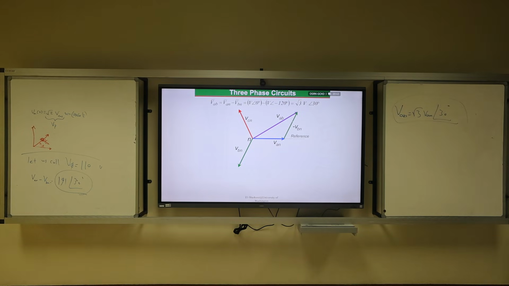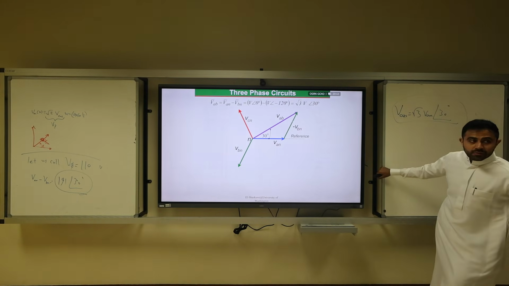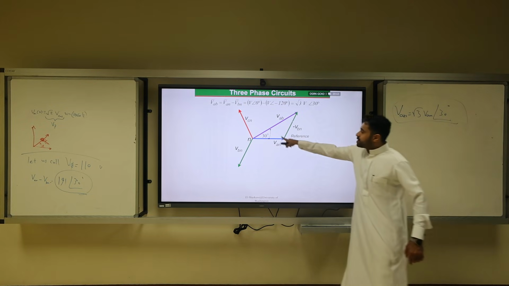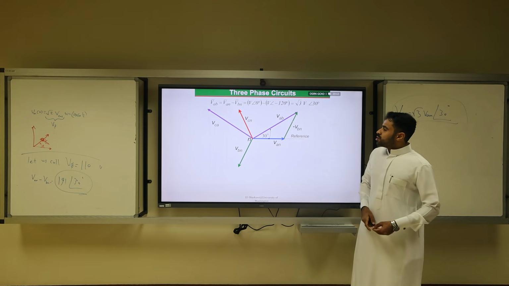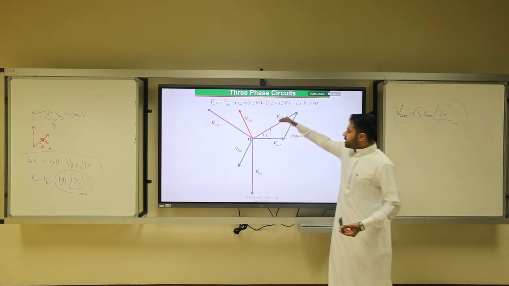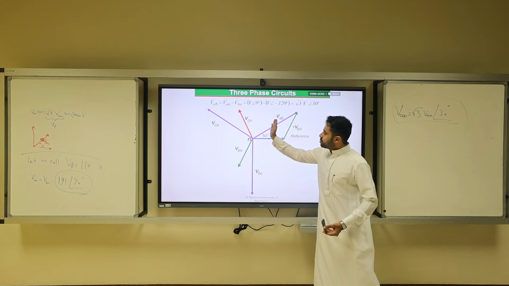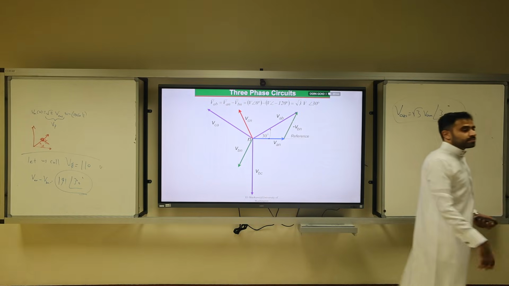These are the basic information. What's the angle between phase voltage and line-to-line voltage? 30. Same for VCA, VBC. You don't need to calculate them. You just add 120 here, you add another 120 this side. You can get BC and CA.